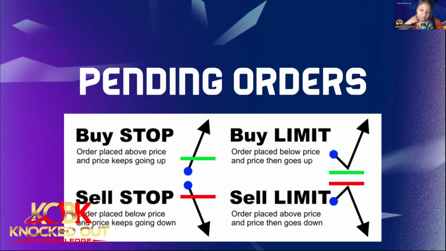And same thing for the buy limit. Price is going down, and you know that it's going to retrace to the upside, and you want to catch it at its lowest point. You want to catch it when it retraces back down for the actual order to be placed for that buy. When you put in these orders, you're going to put in.